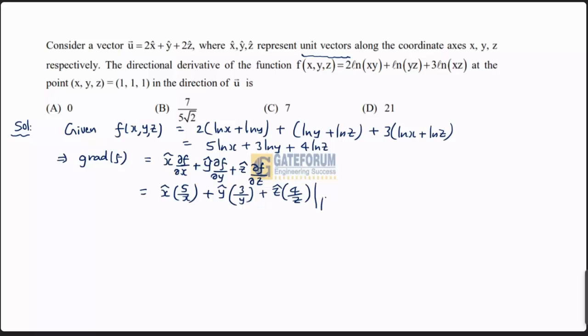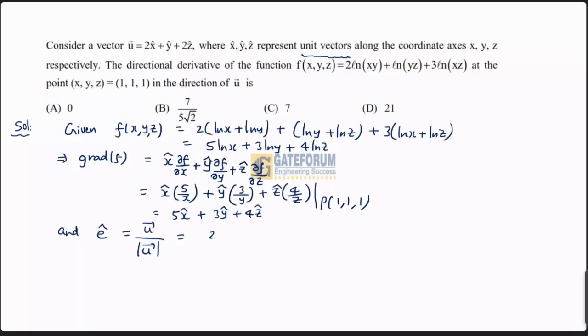At the point P, 1, 1, 1, this simplifies by substituting x equal to 1, y equal to 1, z equal to 1, to 5x cap plus 3y cap plus 4z cap. Next, E cap, that is the unit vector in the given direction, is u bar by mod u bar.